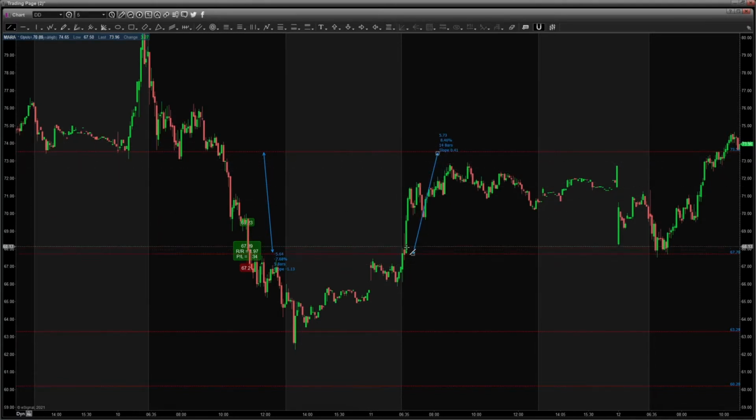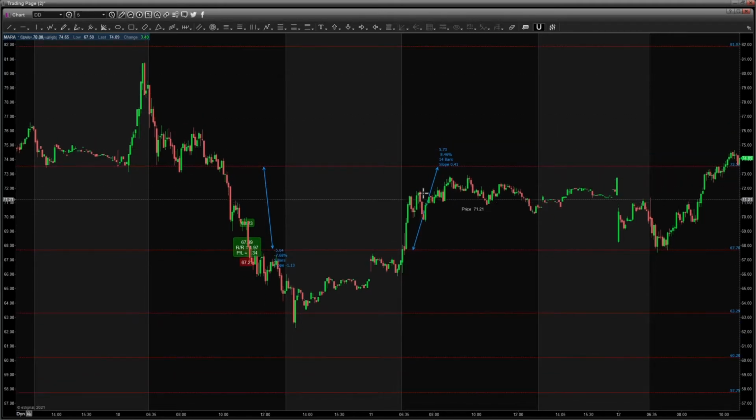Buying here, selling here, buying here. Today, you would have been buying here, selling up here. So pay attention to these windows because you can capitalize on them more than once.